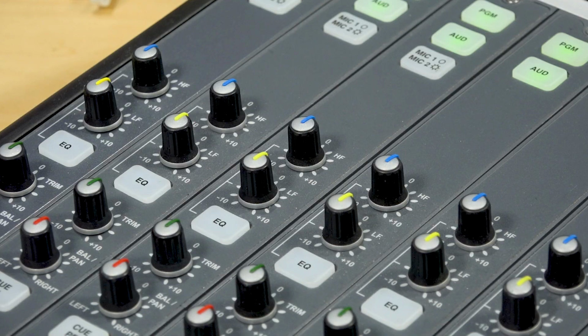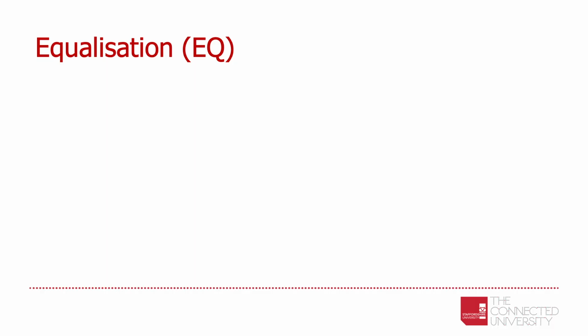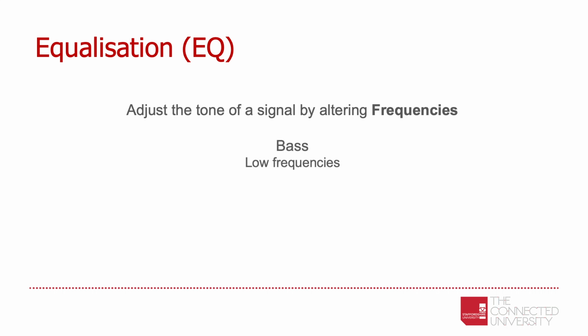Some input channels give the option to apply equalization into the signal. Equalization, or EQ, can be used to adjust the tone of a signal by changing different audio frequencies. You'll commonly come across EQ in some consumer items like TVs and hi-fi systems, with common terms such as bass, middle, and treble. Bass controls the low frequencies, middle controls the mid-range frequencies, and treble controls the highs.